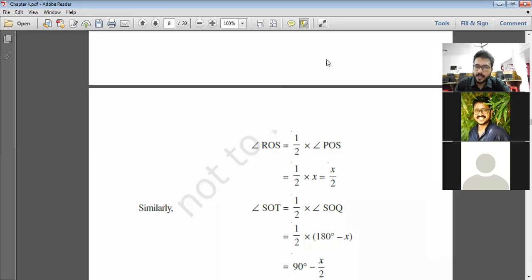So, what all things we have found? We have found angle ROS, and then we have found angle SOT. Now look here.